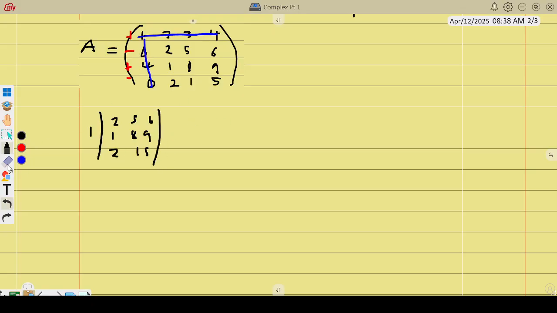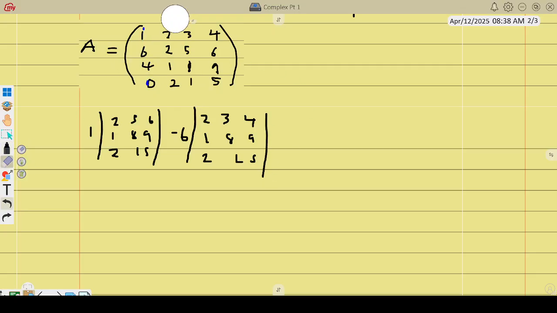And then the next item, this 6, is going to have a negative. When we cancel, we're going to remain with 2, 3, 4, 1, 8, 9, 2, 1, 5.